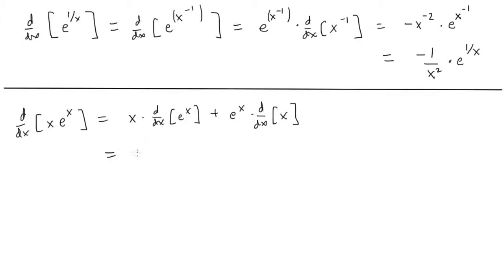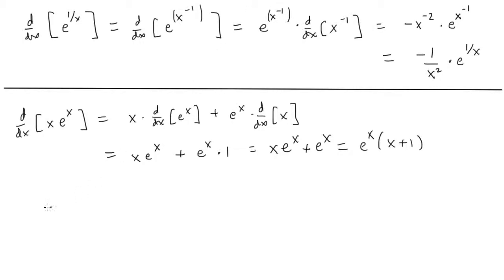The derivative of e to the x is just e to the x. The derivative of x is just 1. So we get x e to the x plus e to the x, or if you want to factor this, that's maybe a cleaner way.